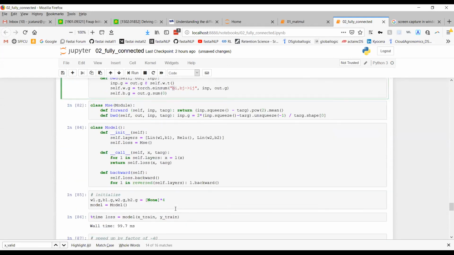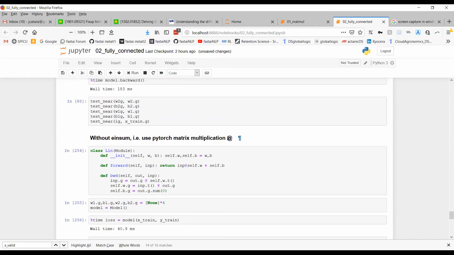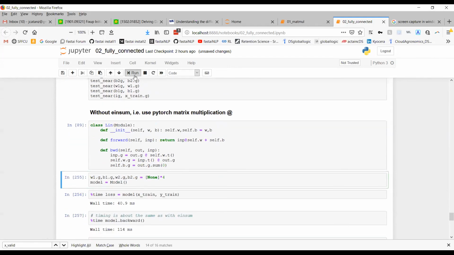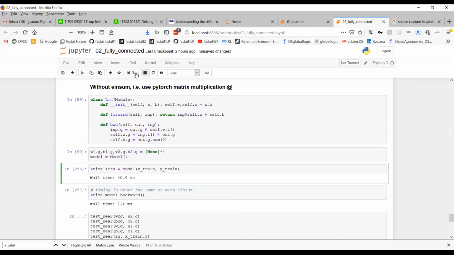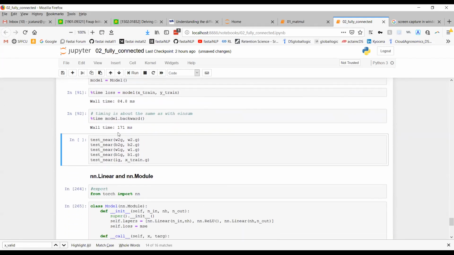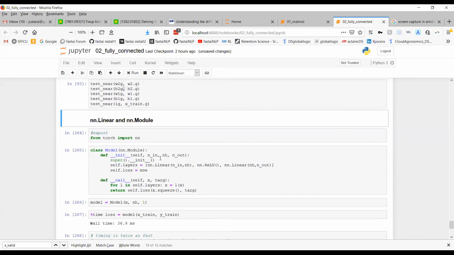And then he says, well, we don't really need einsum because we have the native PyTorch matrix multiplication, so we'll use that. It doesn't speed up anymore. It's about the same. And then he does the test again. No complaint, so it worked.